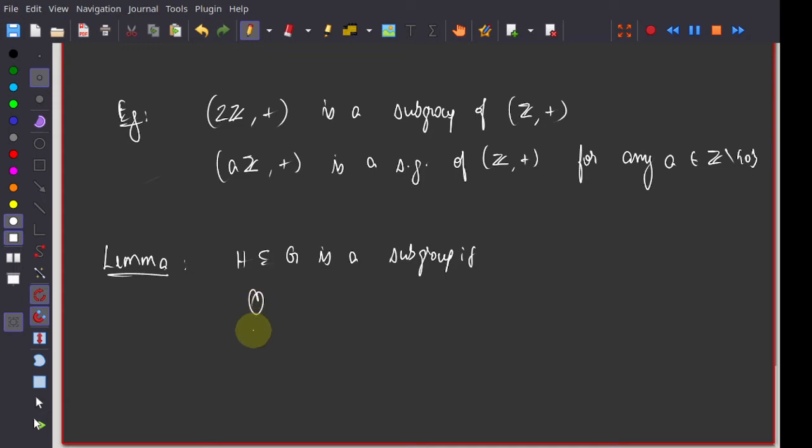So, in fact, the following two properties are sufficient to verify that it's a subgroup. Firstly, it has to be closed: for A, B in H, A plus B is in H. We don't really have to check associativity, right? Because we get that for free. You know that they're elements of the group, so associativity is directly inherited by the elements.